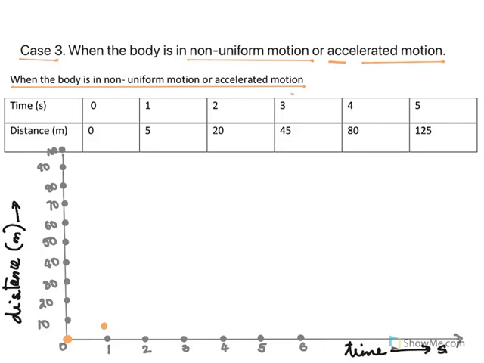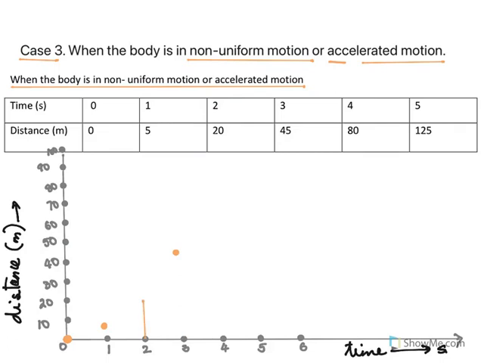Next is time 3, distance 45. Distance 45 will be between 40 and 50, so it's somewhere here. Let's do time 2, distance 20.